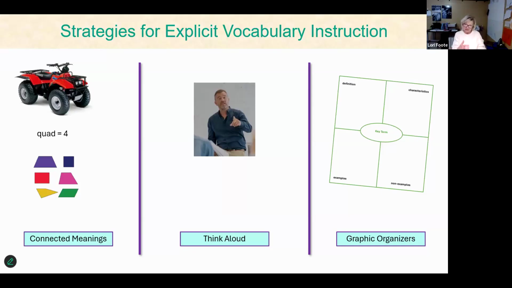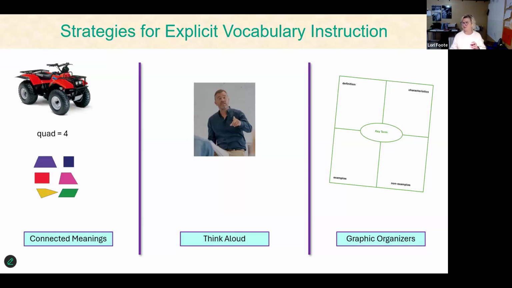I might look it up in a dictionary, or use the glossary in my book. These are things we do to model how students can think through, wow, I don't really know that word, and I'm not sure how to answer the problem because I don't know that word. Well, what are some things you could do to help yourself? So using that think aloud strategy, narrating our mental processes, is helpful even for vocabulary.